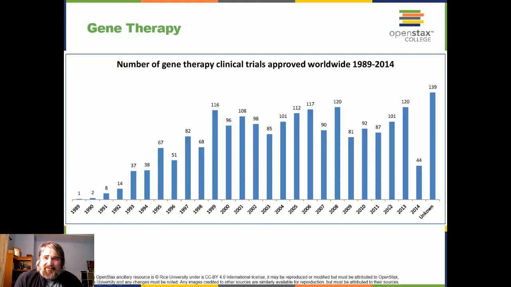So this one large study that I took all this from, I only had data up to 2014, and there was a dip in gene therapy clinical trials approved in 2014, but I don't know where that's at right now. I know it's in the single hundreds, as in below 200 right now, that have been approved in recent times.